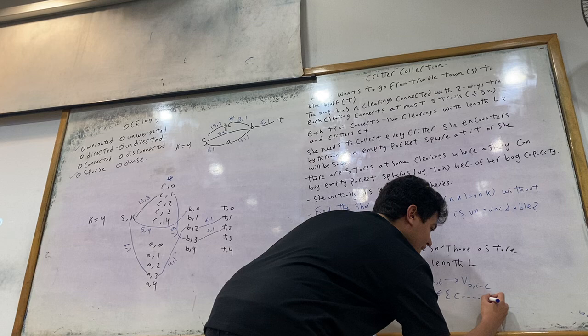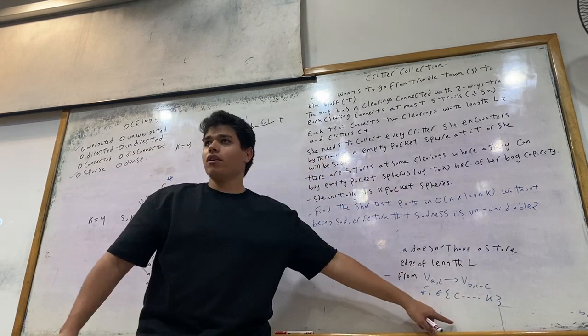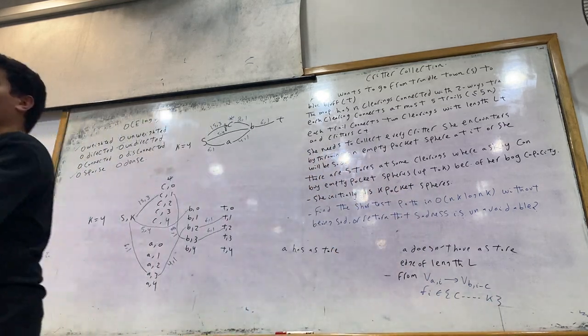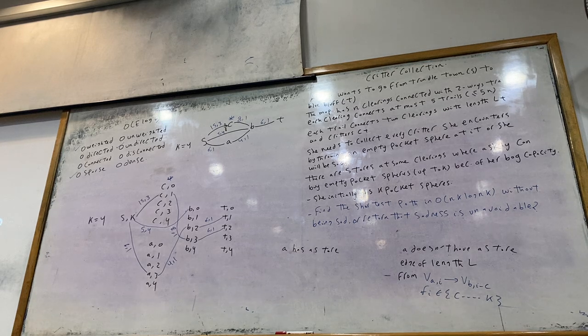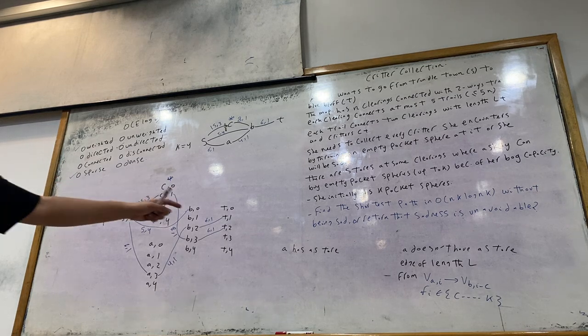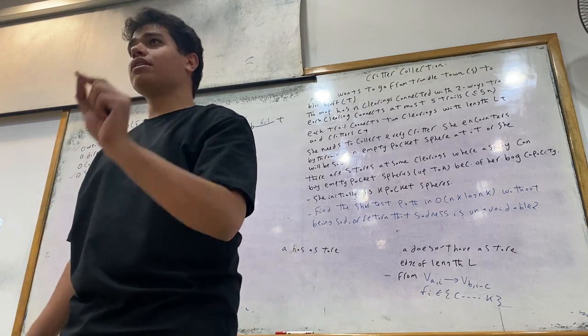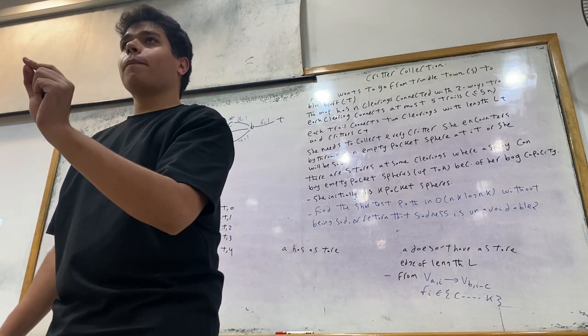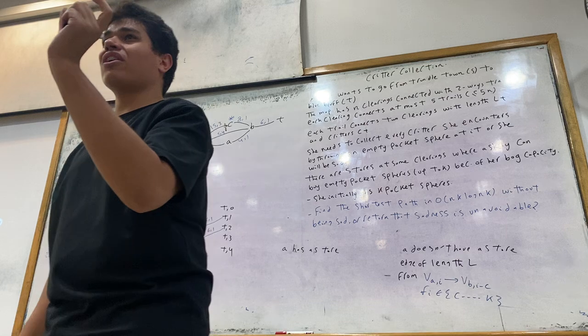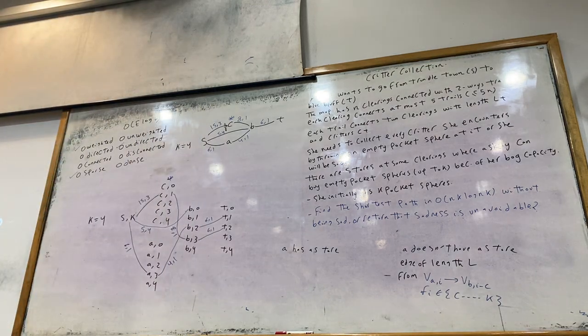From C to K. Do you understand why? Because if I encounter C greater and I have C minus 1, can I go through this pathway? C minus 1 minus 2 will be minus 1. And there is no state for minus 1. So it means from this that I will only make connections or edges for when I guarantee that I will be left with a non-negative number of spheres.